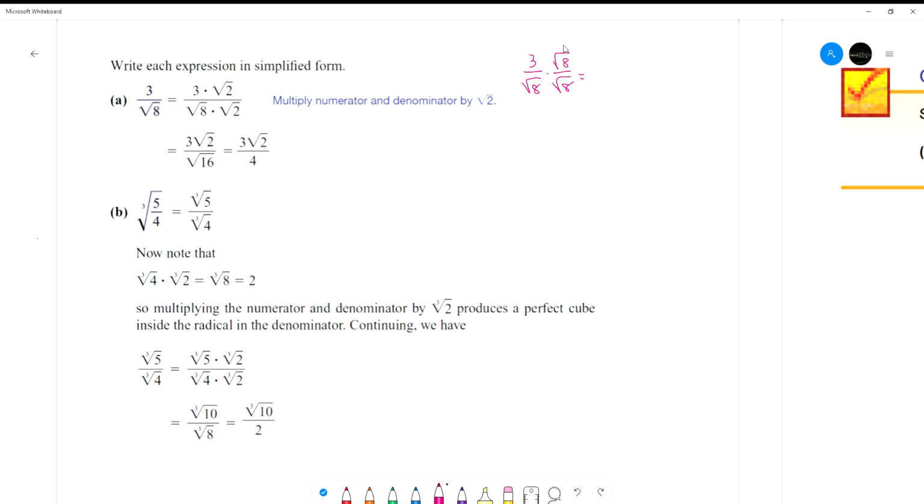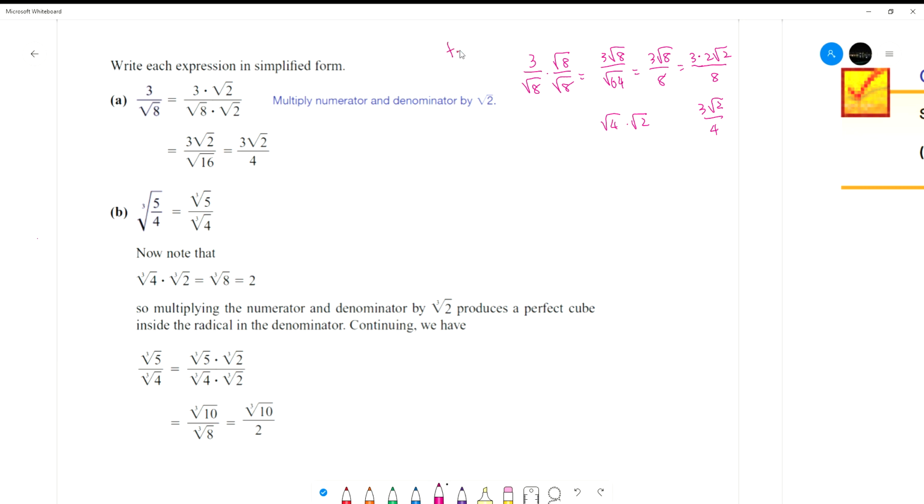If I do this, this becomes 3 root 8 over 8, but radical 8 needs to be simplified. So this is root 4 times root 2, right? So this is actually 3 times 2 root 2 over 8. You see how tedious that is, right? Extra work, and then the 2 cancels out, so you actually get 3 root 2 over 4, right?